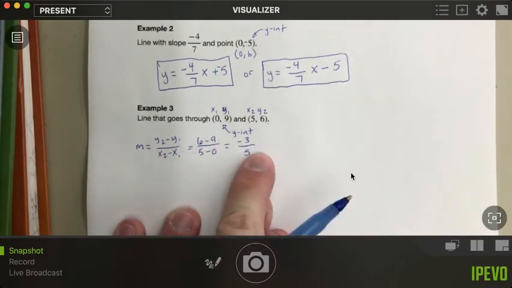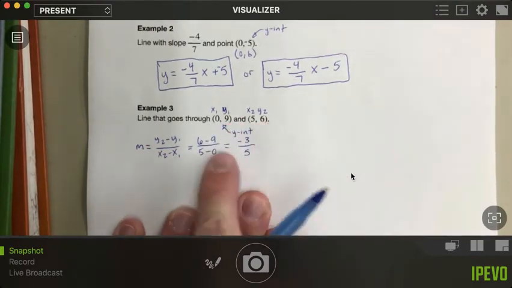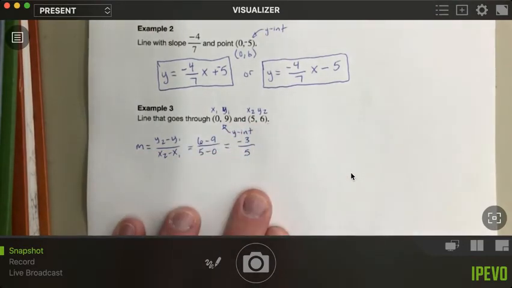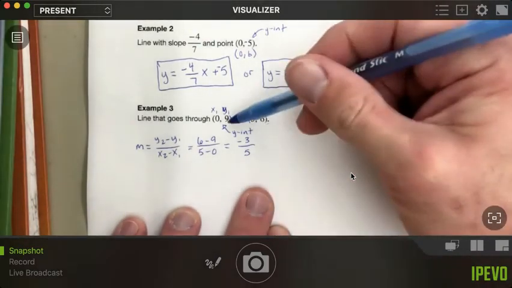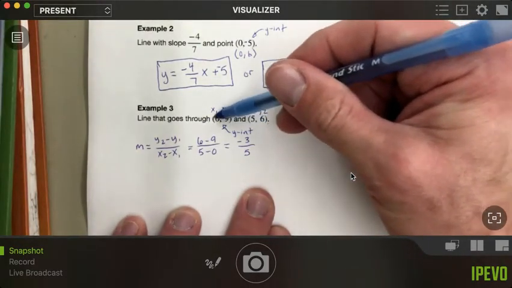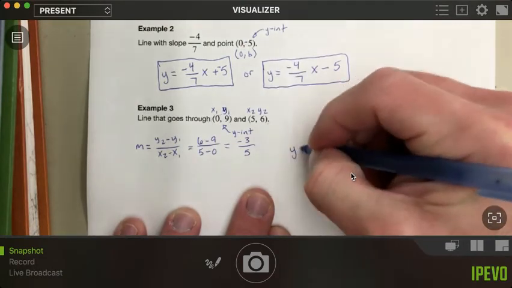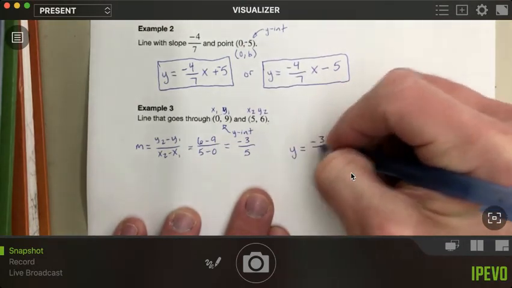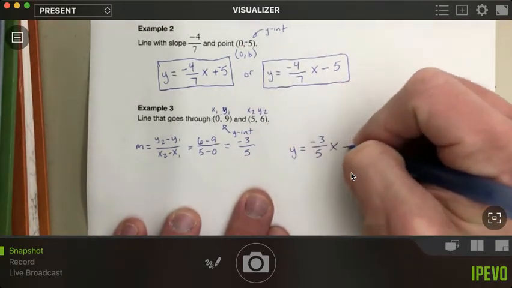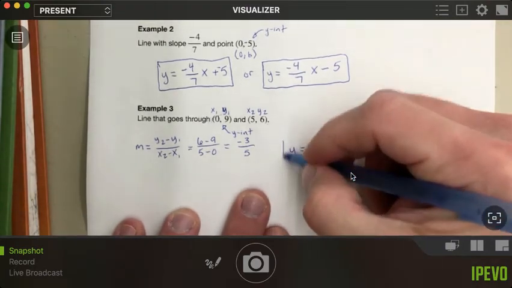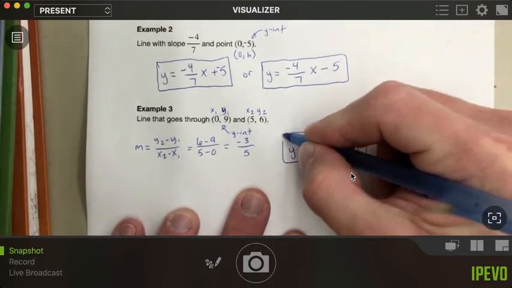So here's our slope. I just found the difference in y values over the difference in x values. And now, since this is a y-intercept, here's my final equation.